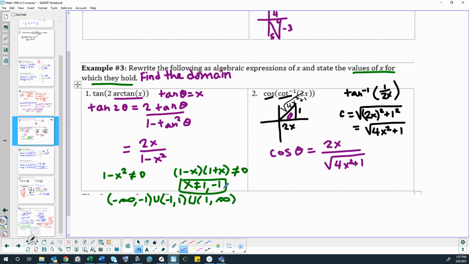Now to find the domain of this particular problem, we don't want the denominator to be 0, but we also don't want what's in the root to be negative. So what we're going to do is say that 4x squared plus 1 must be greater than 0. Because it can't be 0, even though we can take the square root of 0, we can't divide by 0.